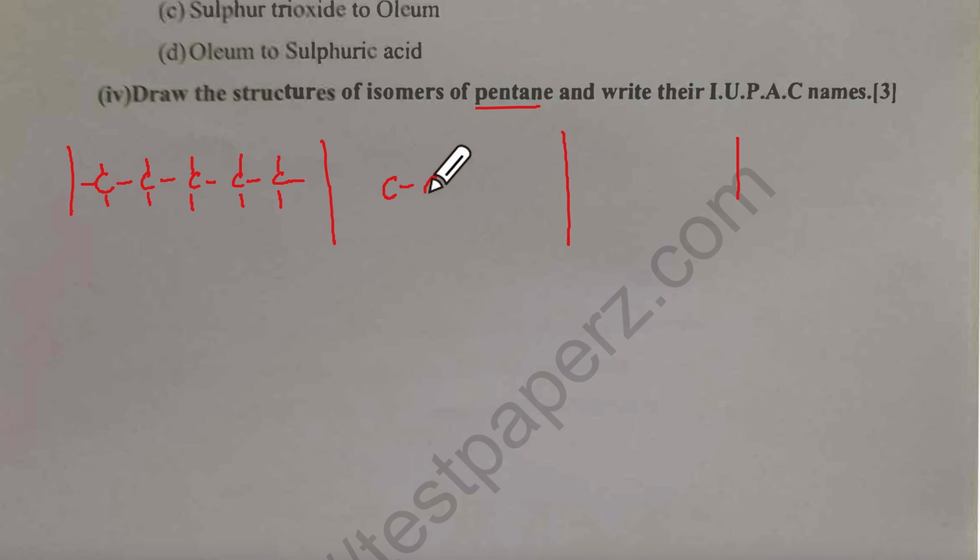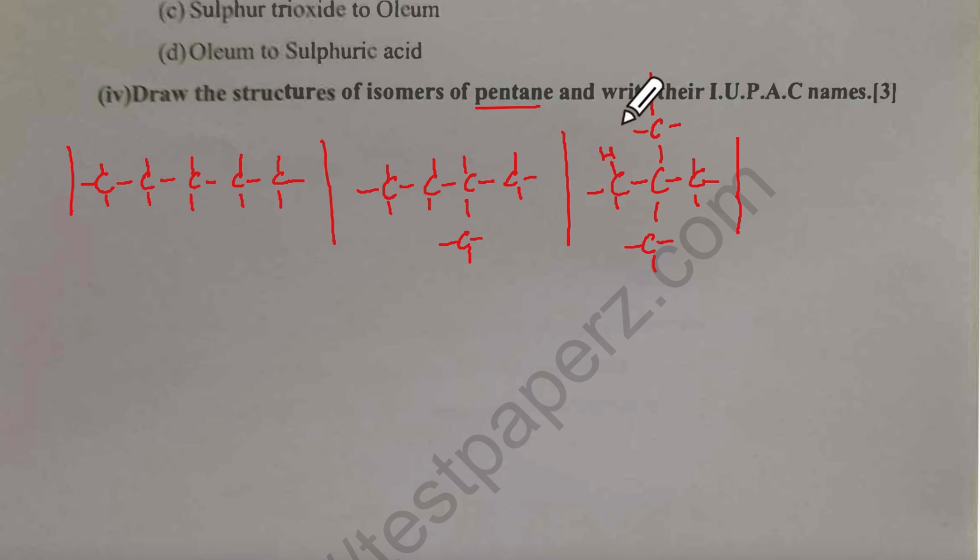It will have 4 carbons and 1 carbon will attach itself here: 2-methyl propane. And here it will be 3 carbons, with CH3 and this one will go and attach itself here: 2,2-dimethyl propane.